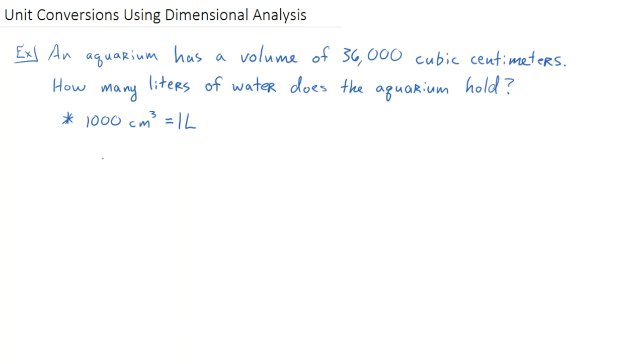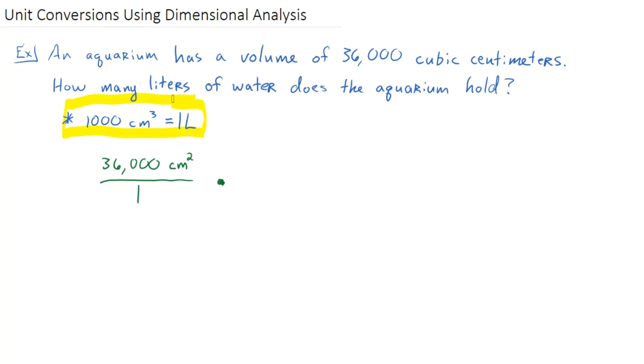So we're going to take our 36,000 and then centimeters cubed. We write it like that. And then that's going to be over 1. We're going to multiply that times our conversion factor, the relationship between the centimeters and the liters.